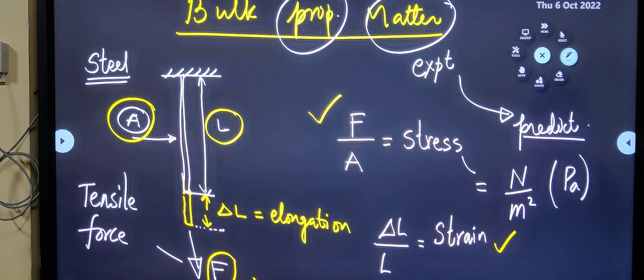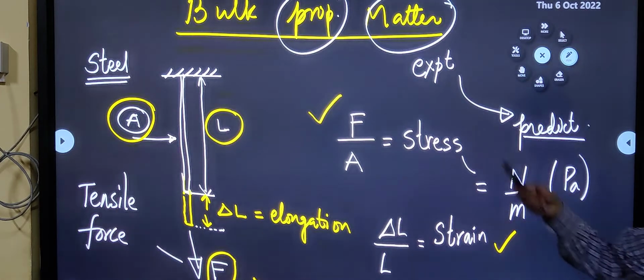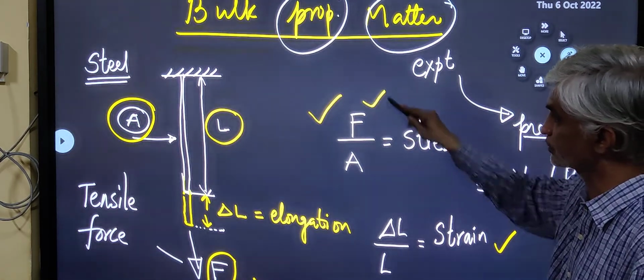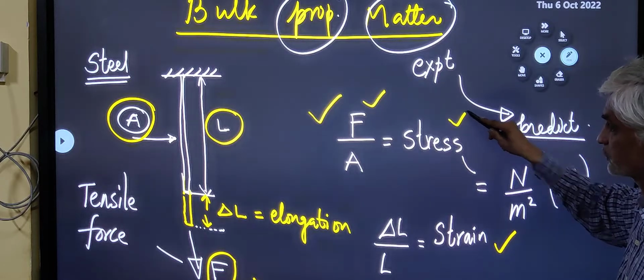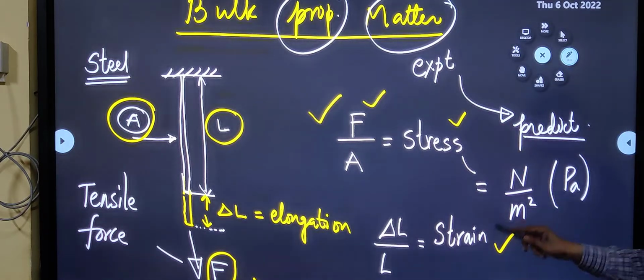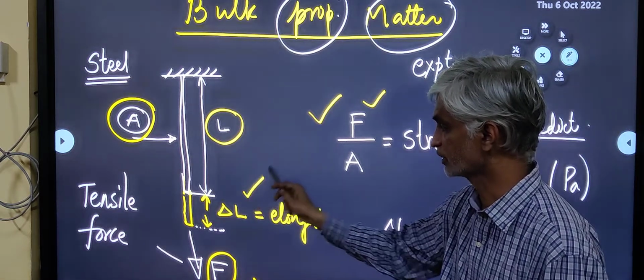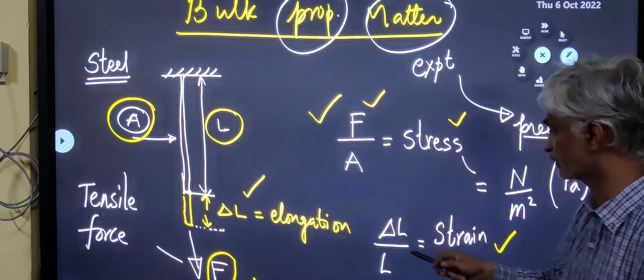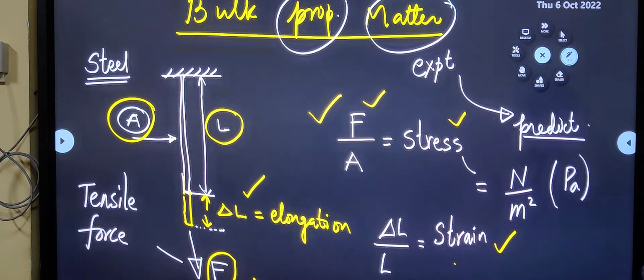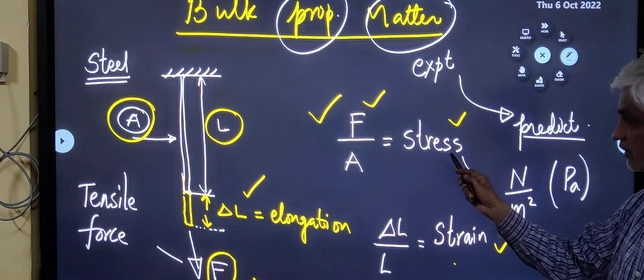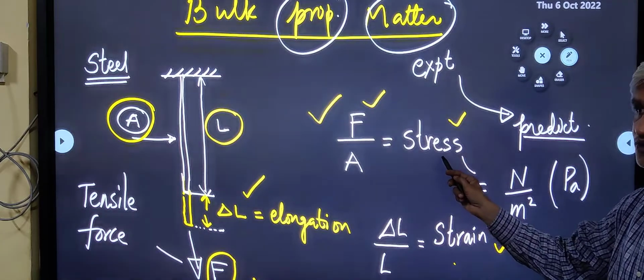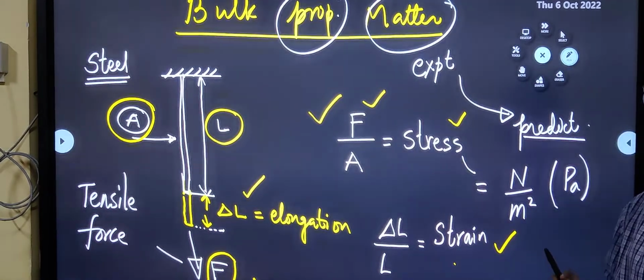experiment. Now what happens when you keep changing the force and therefore keep changing the stress, and then of course as you do that the elongation also changes and you measure that as well, and the strain also changes. So you have an experiment where you have different values of stress and different values of strain.